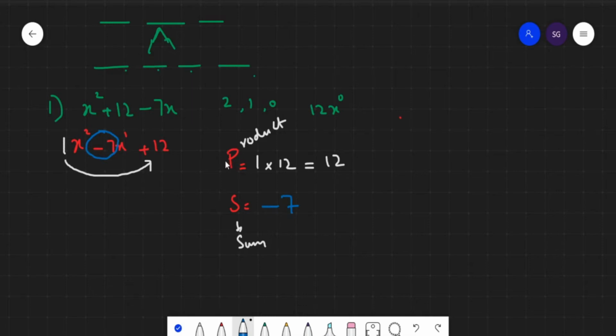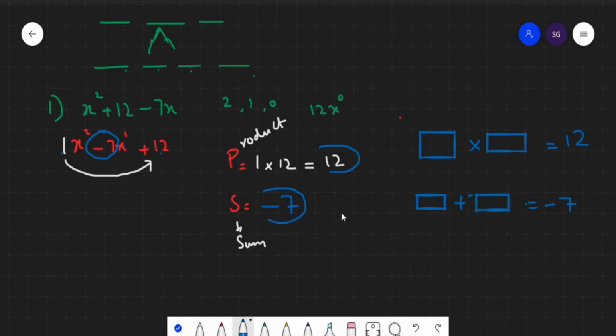Now, once we have identified the product and sum, product is obtained by multiplying the extreme degree terms. Don't forget the signs with them. And then sum is the middle term's coefficient. And there we are with 12 and negative 7. Now we have to find two numbers which fit into this criteria, that their product is this product and their sum, when added, gives us negative 7.